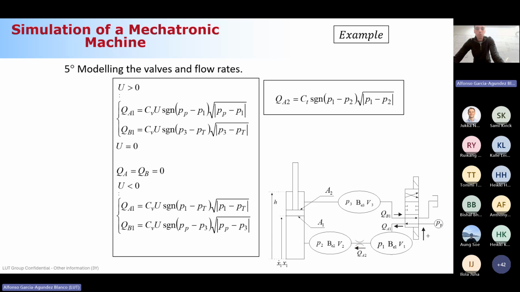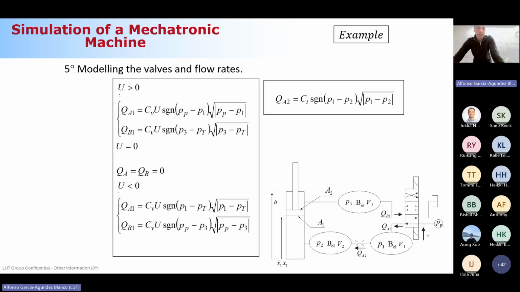So in this mode, with the double acting cylinder, what you are doing is from the pump, you are providing fluid to this chamber here, to the piston rod side, okay? You are providing from the pump oil to this chamber, and you are moving the piston downwards, okay? That is why in this equation, you have in QB1, the pump and control volume 3, okay?